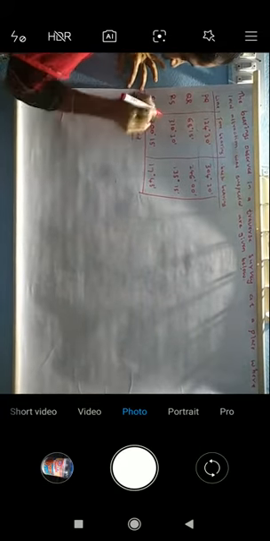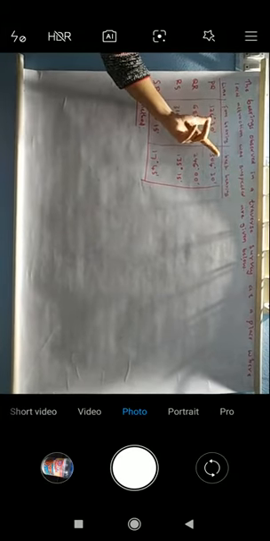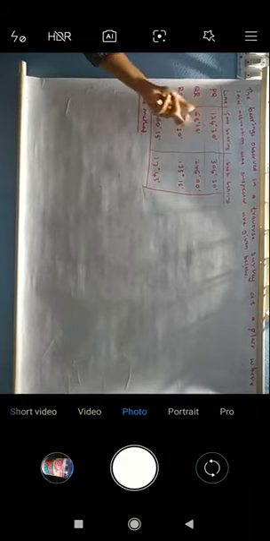Direct method means we directly correct the bearings. Before starting the sum, what do we have to do in the direct method? We compare the fore bearing and back bearing of the lines, to see whether any line has a fore bearing and back bearing difference of exactly 180 or not. So we will find the difference.